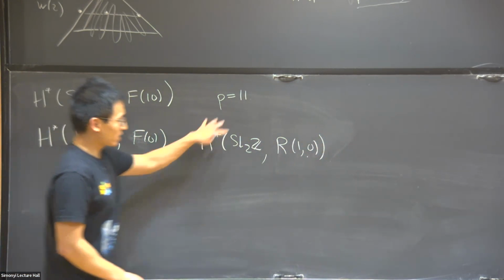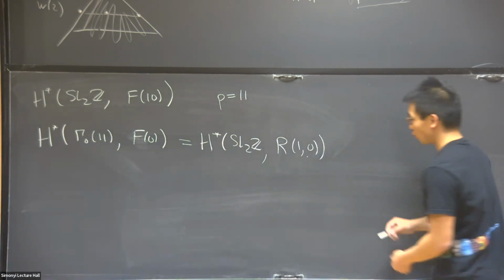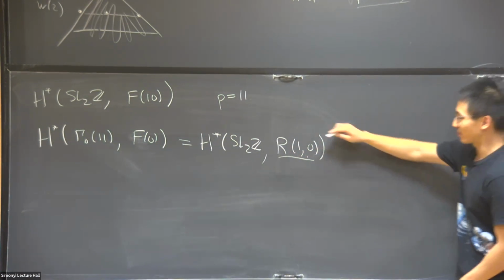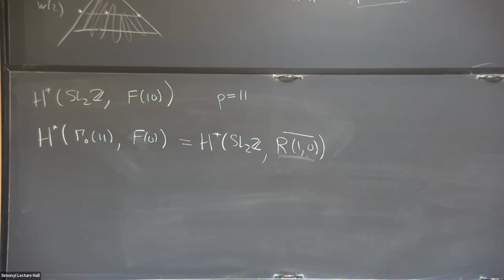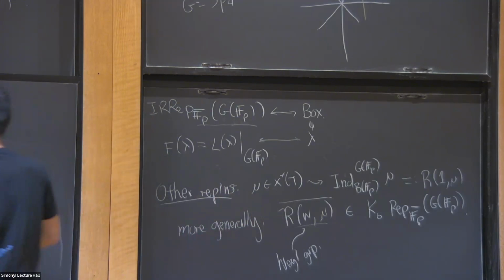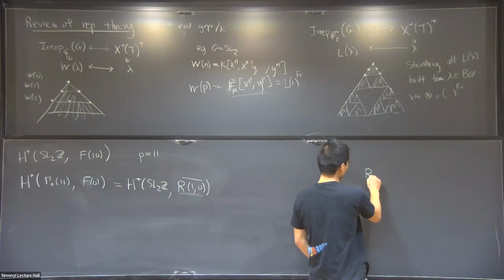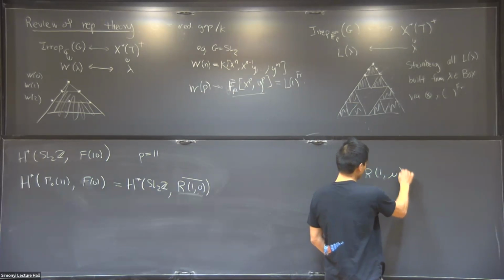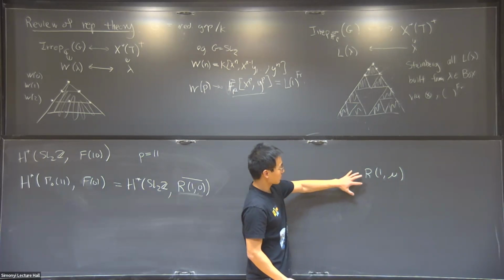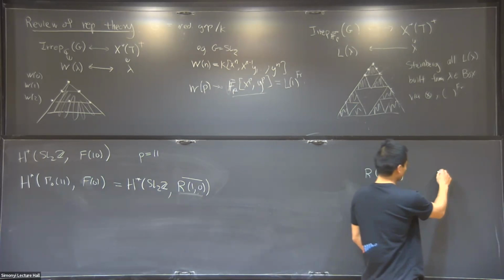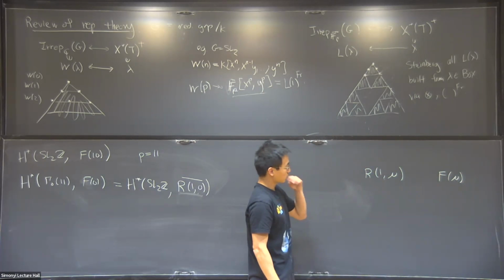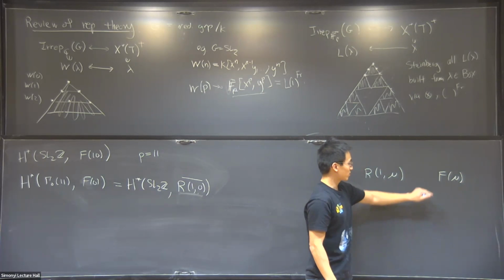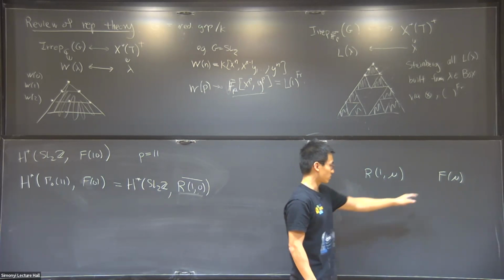This kind of thing begs the question: how do these representations look when you decompose them in terms of the irreducibles over here? For example, in general, if you took R_1 mu, this is induced from the Borel, whereas if you want to compare it to this simple one, this is the highest weight representation. It is the universal thing with a vector that's transformed under the Borel by this character.